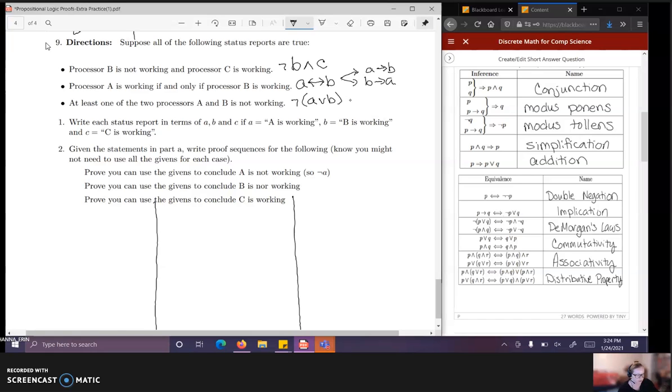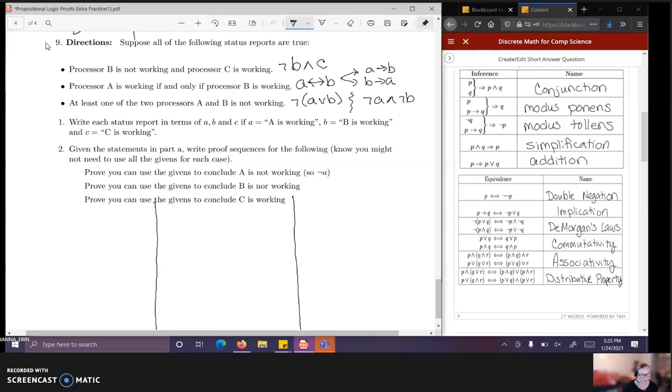Of course, if you think about that in terms of De Morgan's, this would be equivalent to not A and not B, but technically, as stated, the one on the left follows more from the wording of the statement. At least one of the two processors is not working. It is not the case that one of them is working. So it's not the case that either A is working or B is working.